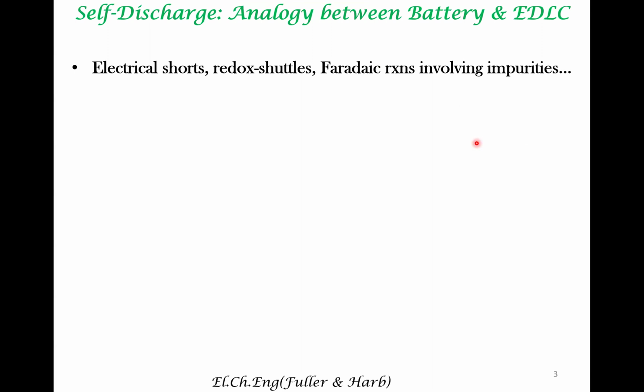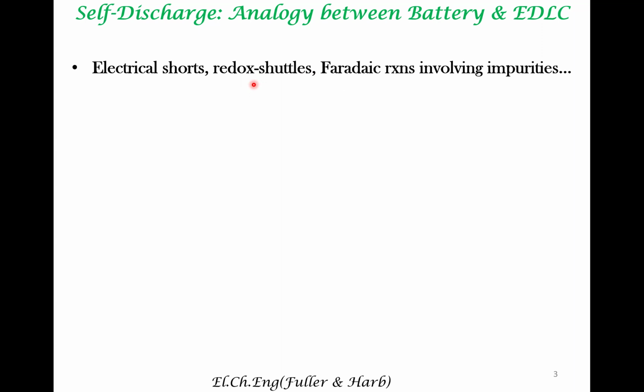We can also think about leakage current in a manner analogous to leakage current in a battery. This has been discussed in a previous lecture on batteries. There were redox shuttles, certain impurities, which contribute to Faradaic reactions, unwanted Faradaic reactions in a battery.